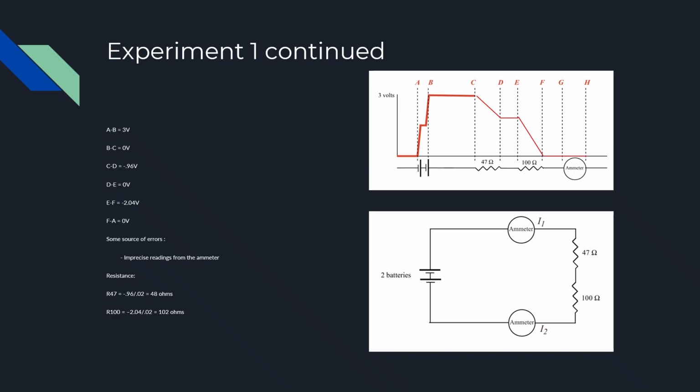Then C to D is the first resistor, the 47 ohms one, and it loses negative 0.96 volts, and then it travels to the next one without losing any voltage, and then goes through the 100 ohms resistor and loses around 2.04 volts. Some sources of error from this are imprecise readings from the ammeter, and here are some calculated resistances from the resistors.